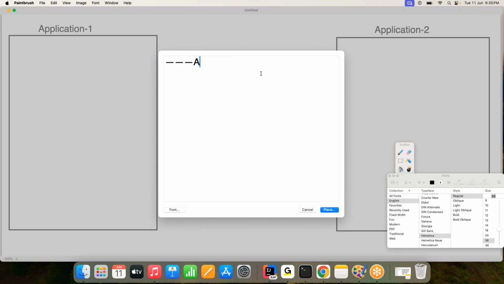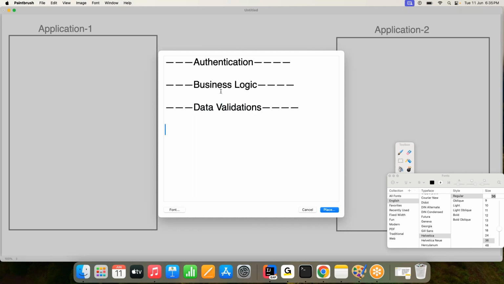First of all, authentication service. Next one is some business logic that we are going to provide. Next one is data validations service.